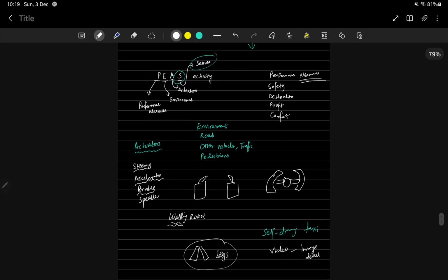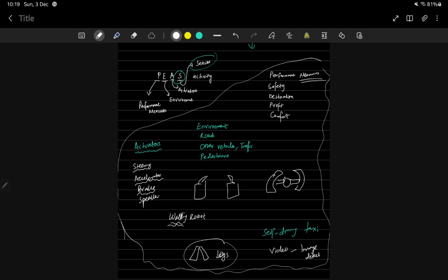But now that I have described all of this by doing this PEAS activity, now I have a good amount of idea what are the things that I need to take in account when designing my agent, right? So when you say that your environment must be changing so much, you will say okay, then I need an agent which is not only goal based, which is not just utility based, but it should also learn.